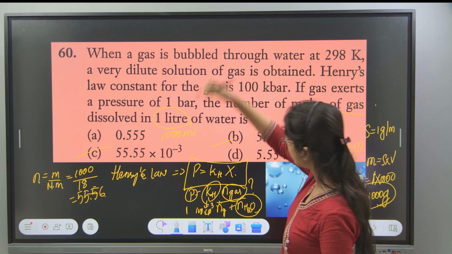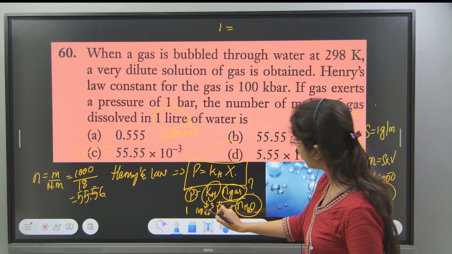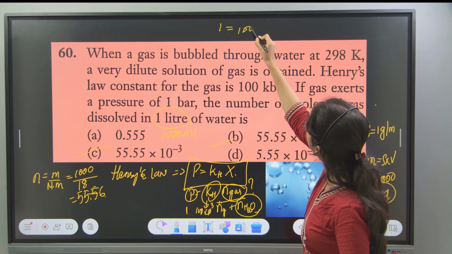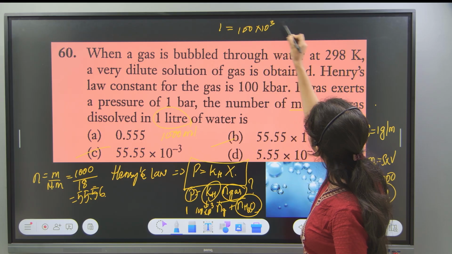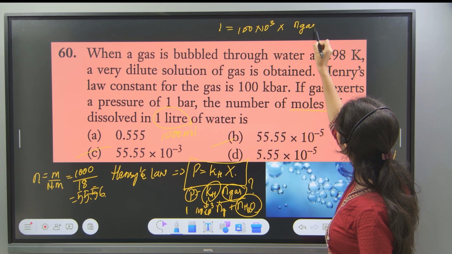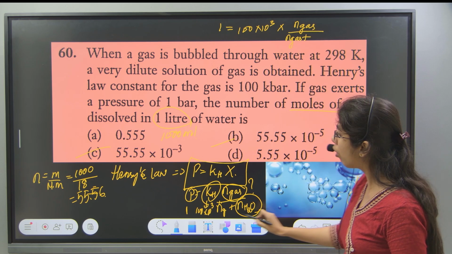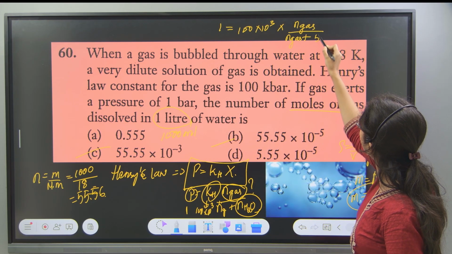I'll write over here. So pressure is equal to 1, is equal to this constant value, 100 into 10 power 3, into n gas, which is something that we have to find out, divided by moles of gas plus moles of water, 55.56.